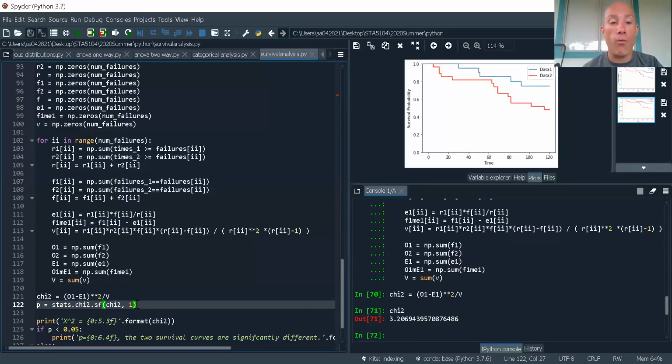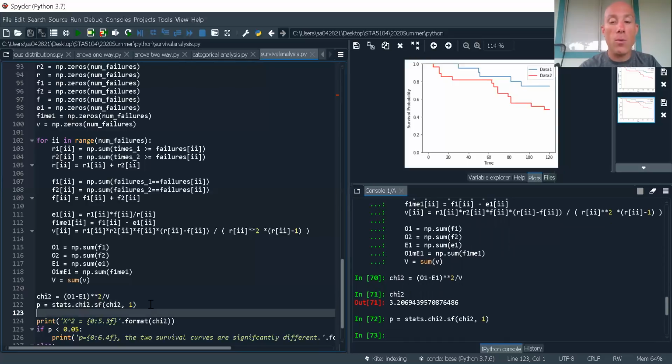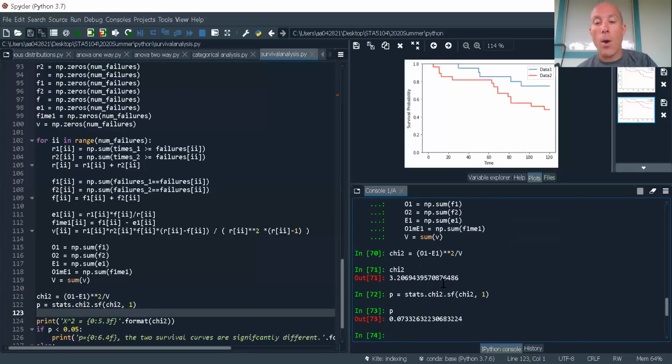What we're going to do is get the area to the right of our chi-squared value, to the right of 3.2 underneath the curve for this particular chi-squared distribution. Let's see what we get. All right, 0.07.